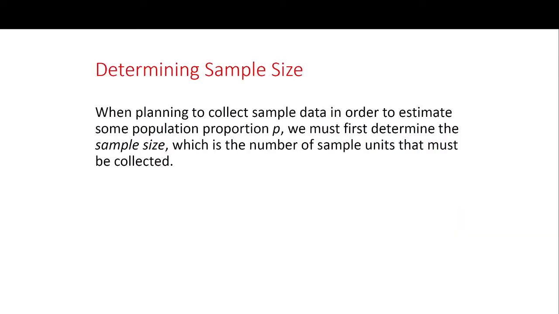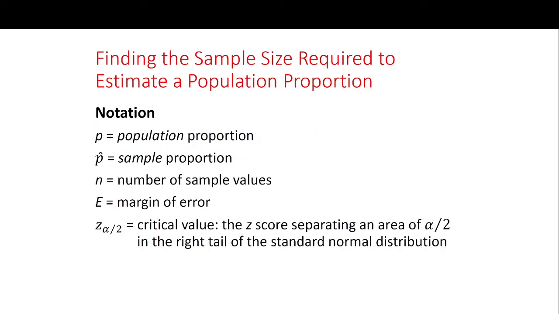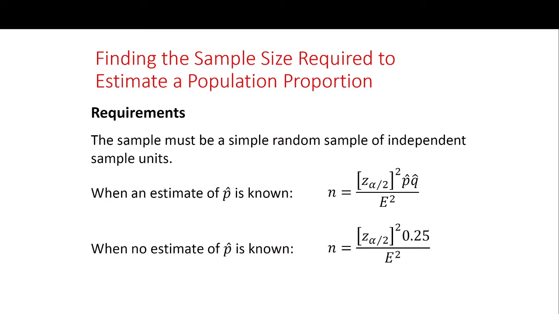Sometimes we also need to find the actual sample size to get a certain confidence level, and for that we have to use some formulas. Let's get back to the notation. Based on this notation, if the sample proportion estimate is already known, this is the formula we use for finding the sample size.